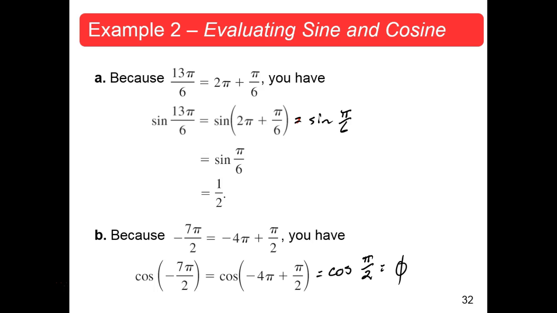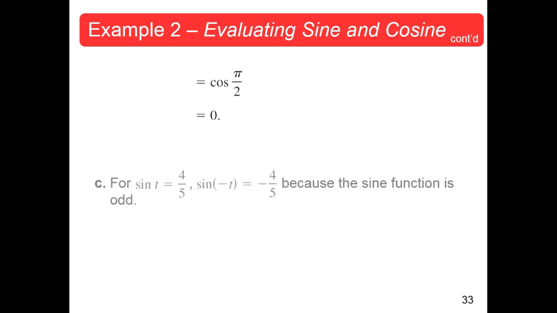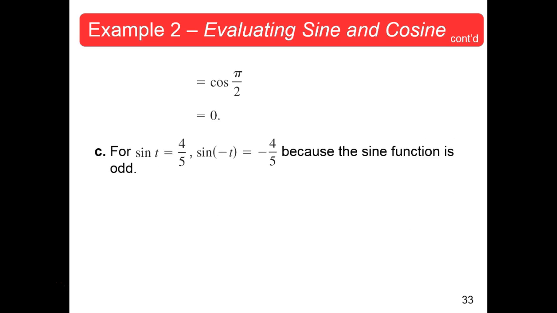That's how I think I would have done it, rather than off the bat saying, oh, that's negative 4 pi plus 1.5 pi. That's true. It absolutely is true, but I'm not sure I would have thought of doing it that way. So let's see what they got. That's the same as cosine of pi halves, which is 0. Okay. The third one, the C one here.